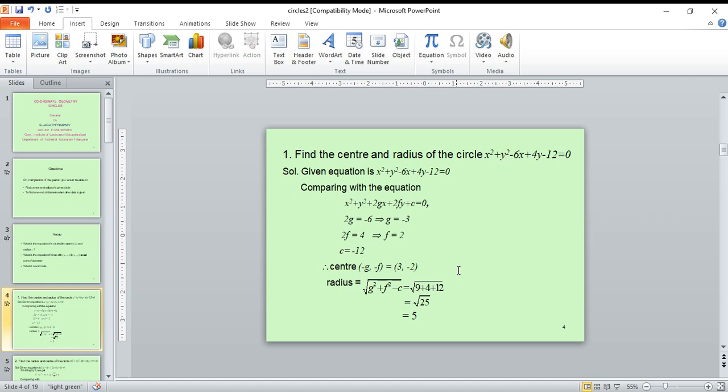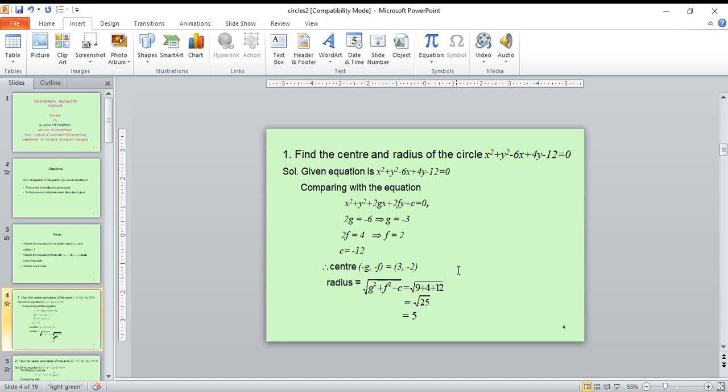We have to find out the center. Center is (minus g, minus f), that is minus of minus 3, which is plus 3, and minus of 2, which is minus 2. Center (minus g, minus f) equal to (3, minus 2), that is (h, k).